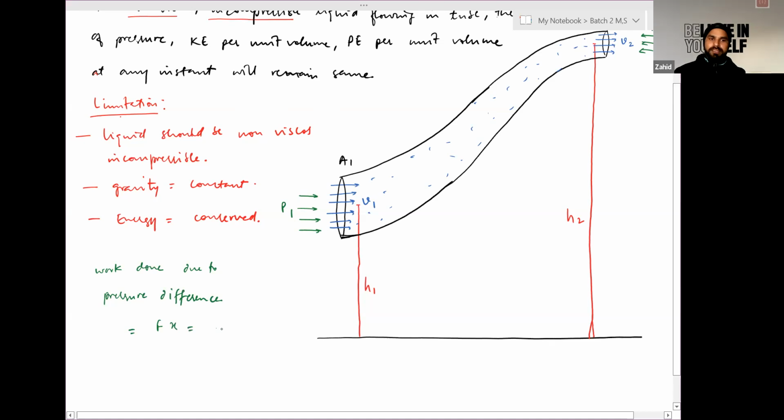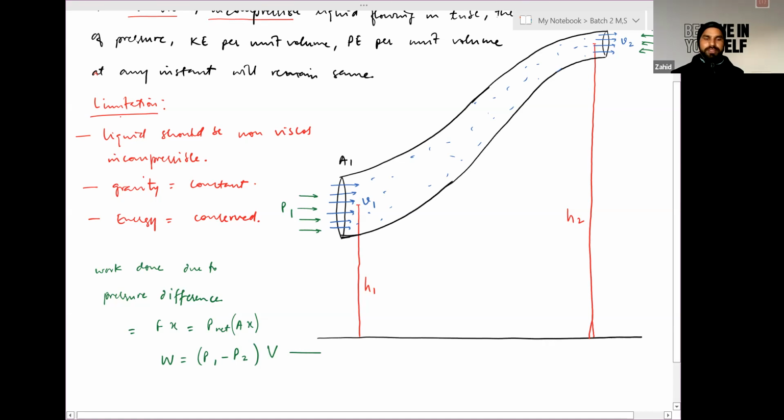Force is net pressure into area of cross section, times displacement. Area of cross section times displacement is volume, and net pressure is P1 minus P2, times V. So this will be our expression for work done by this pressure difference on this liquid.